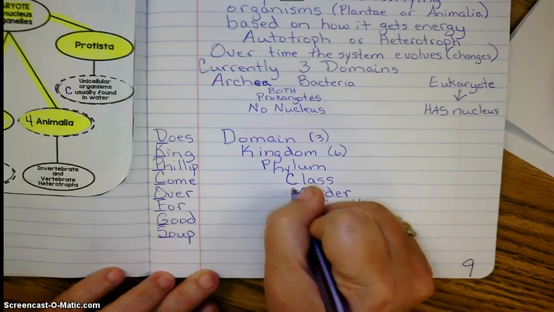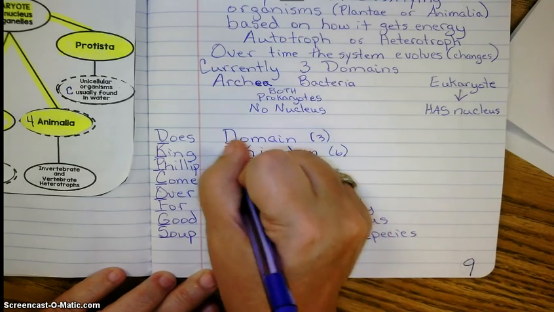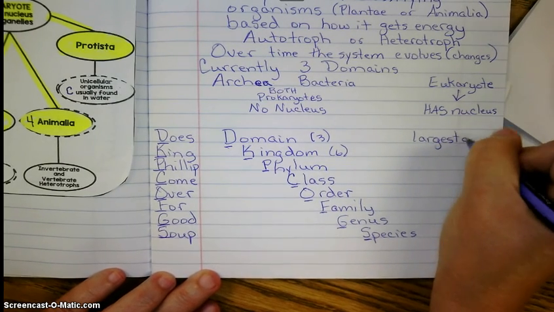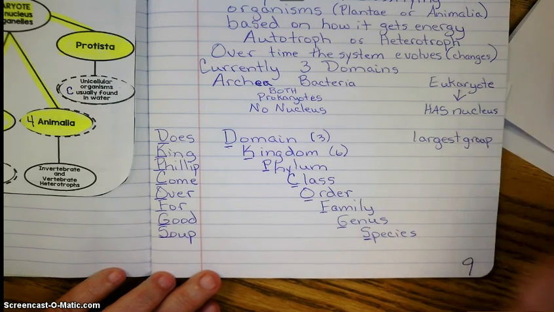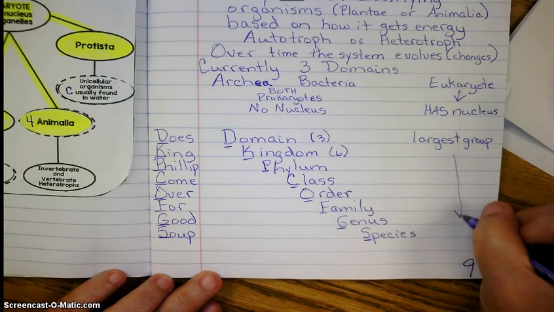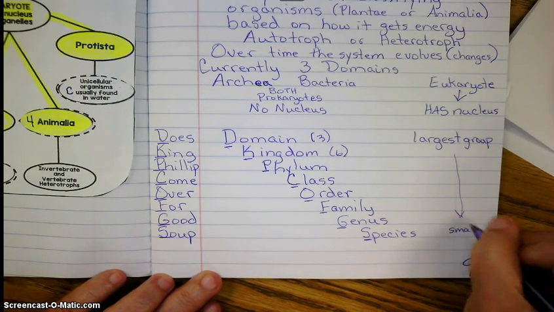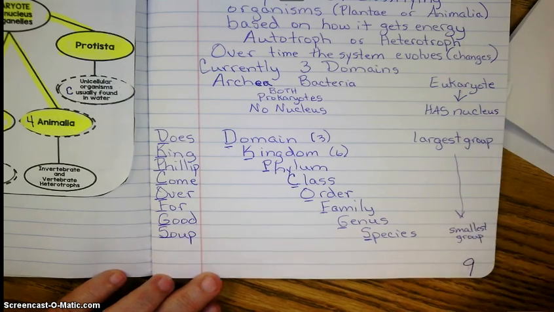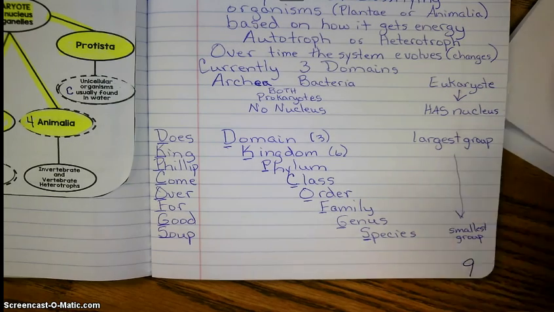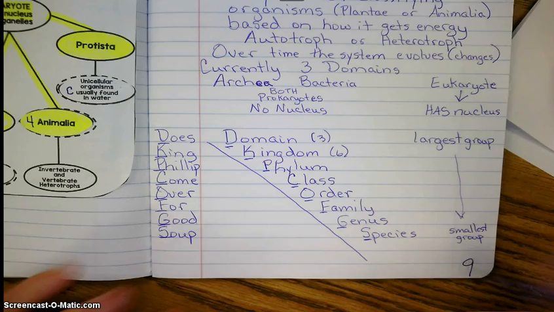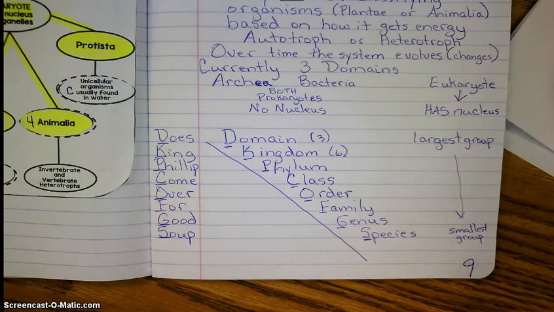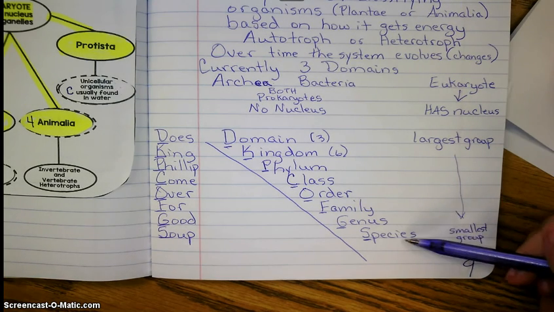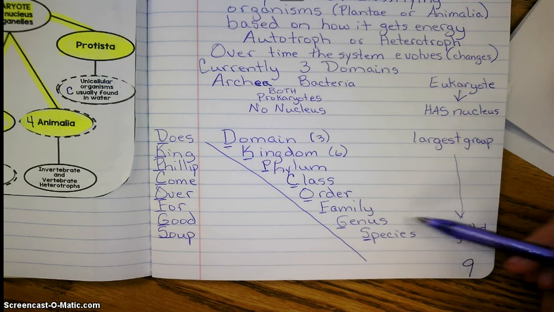So this is in order from the largest group, the most in each category, all the way down to the smallest group. So that is the order of the taxonomy.